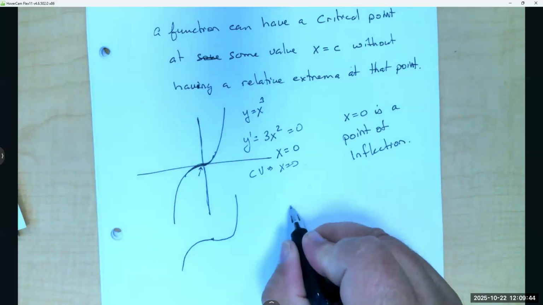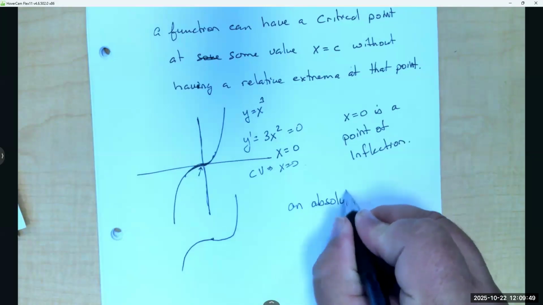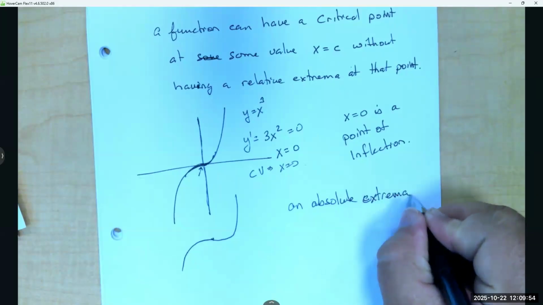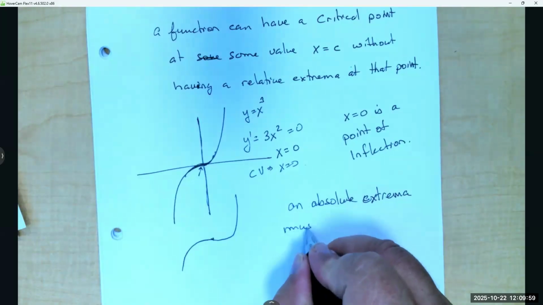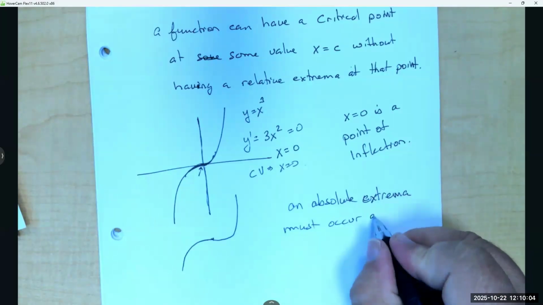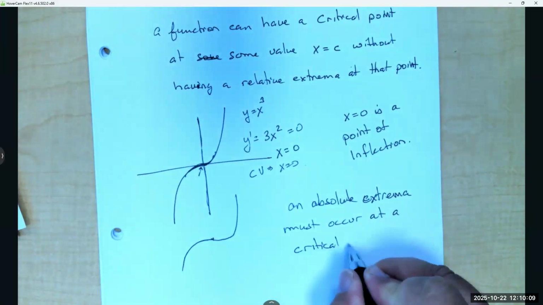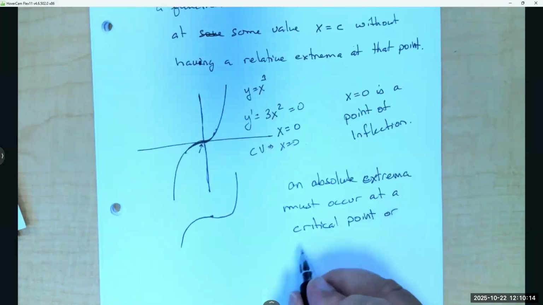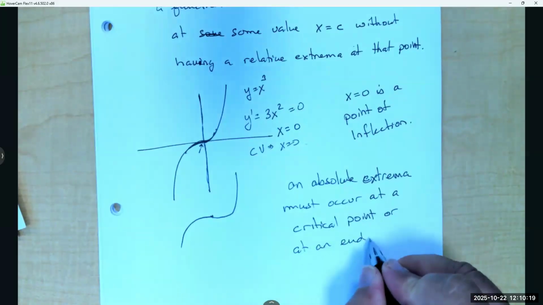Because an absolute extrema must occur at a critical point or at an endpoint.